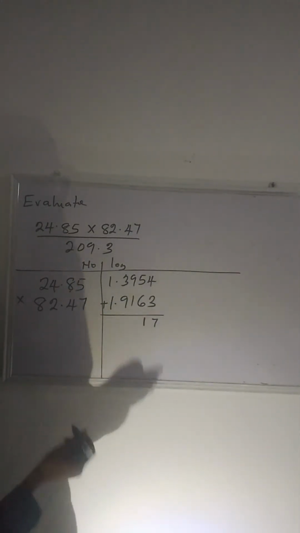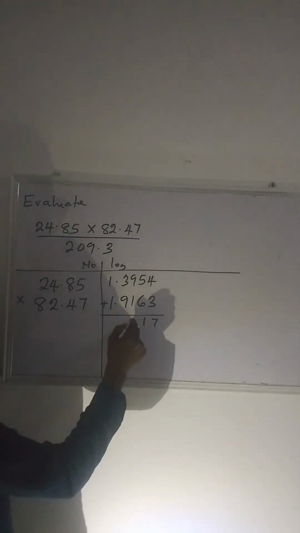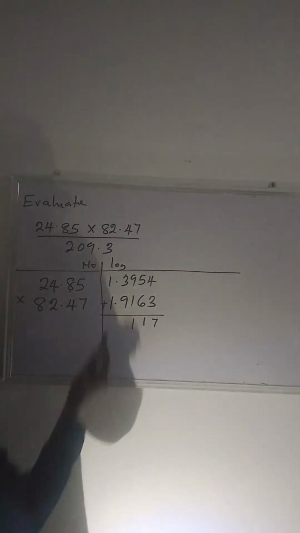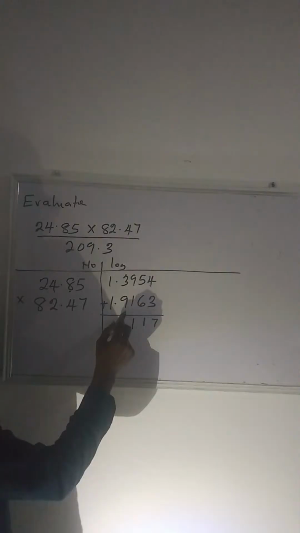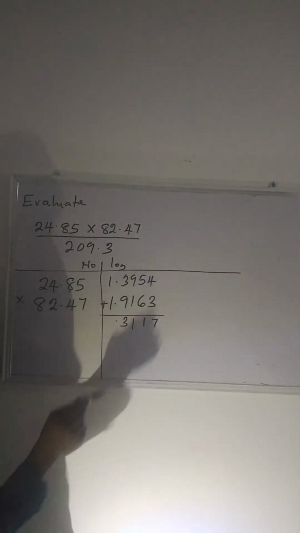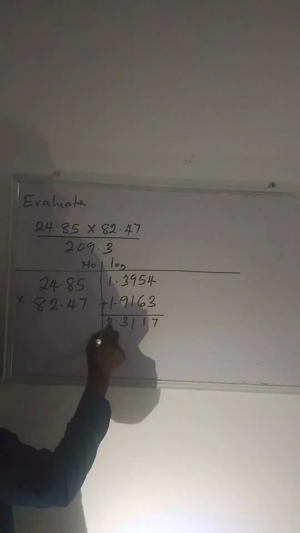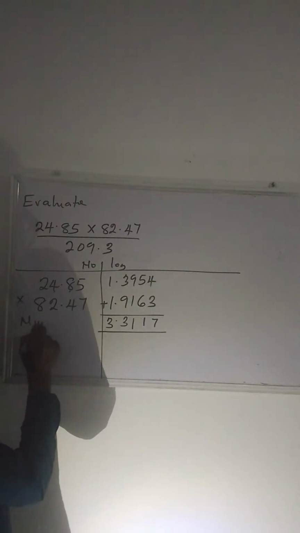So you have 1. So 9 plus 1 plus 1, that's 11. You have 1. So 3 plus 9 plus 1, that is 13. So you have 1. So 1 plus 1 plus 1, that is 3. Now what we have here is for the numerator.